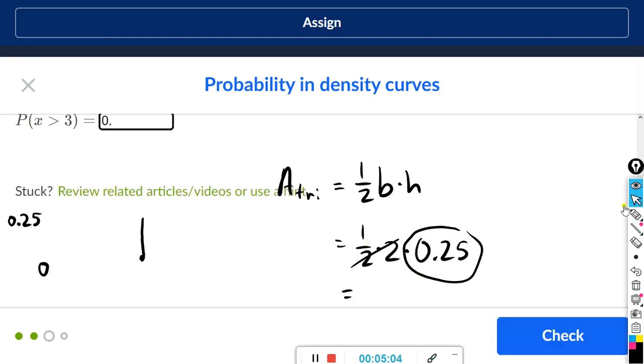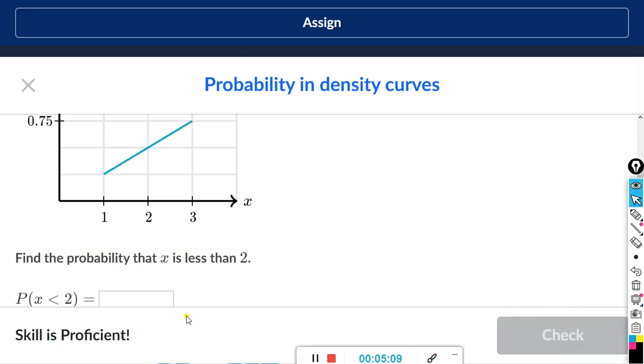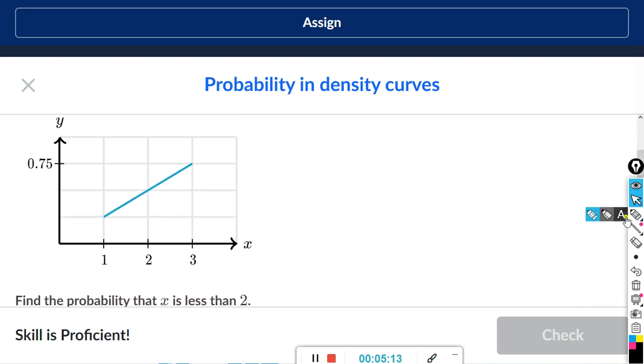Click inside the box, 0.25. All right, last one, probability that x is less than 2. So here is x equals 2. You want to close this off, and the line goes to the number 1. Okay, you don't want to keep going to 0.